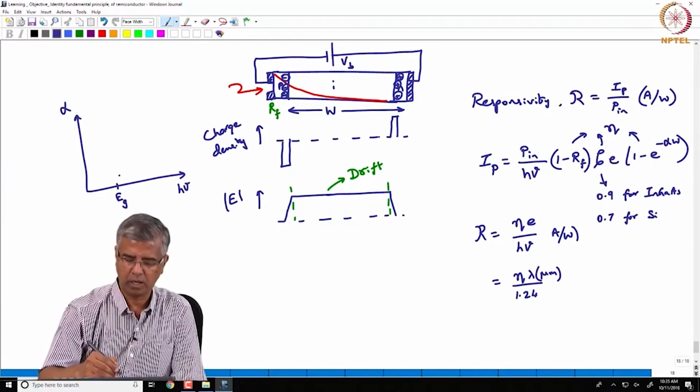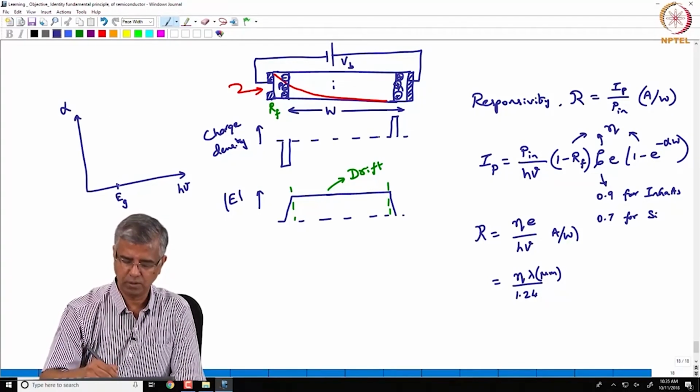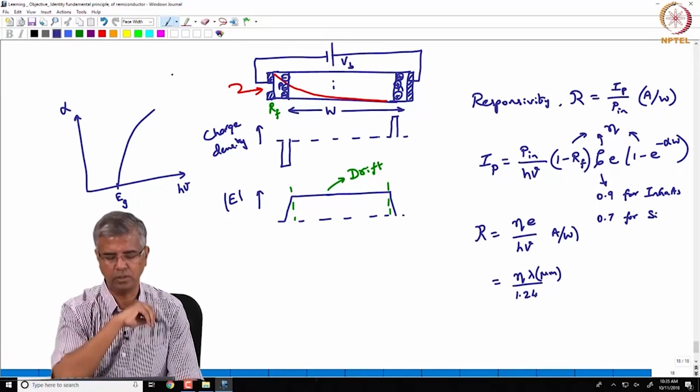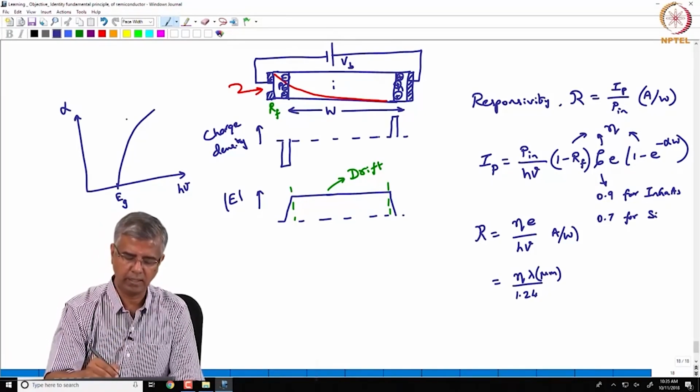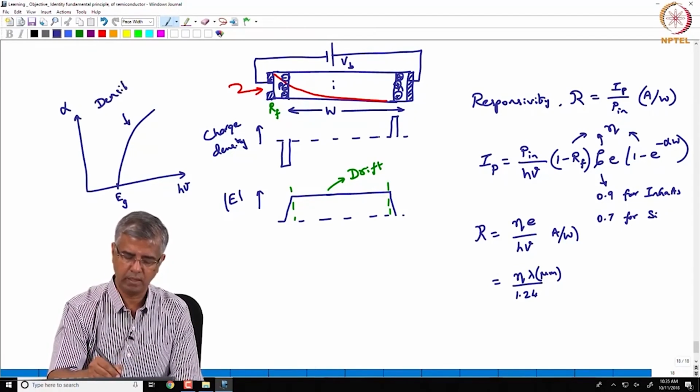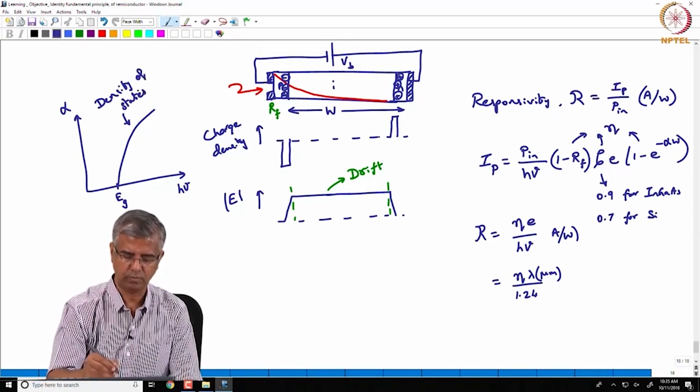But beyond Eg, you start having absorption, and your alpha increases, and the rate at which it increases is primarily driven by the density of states, right.